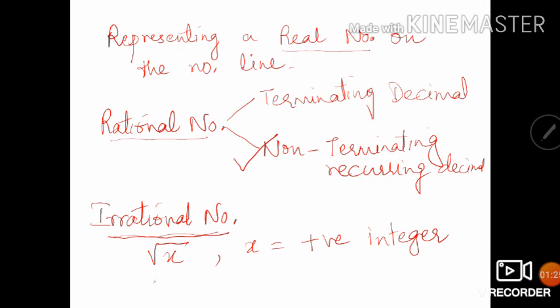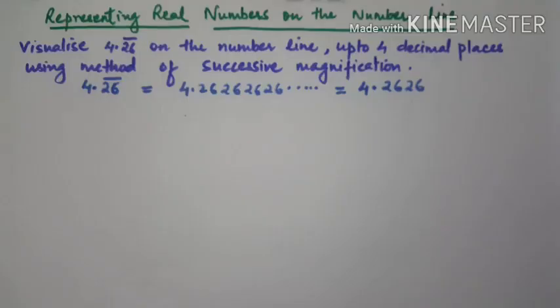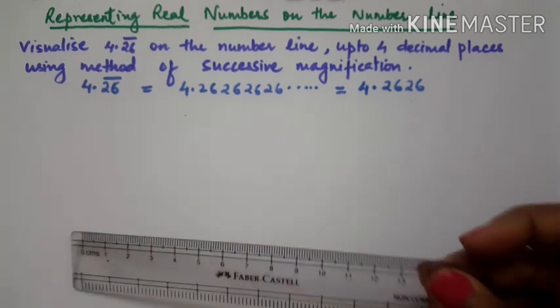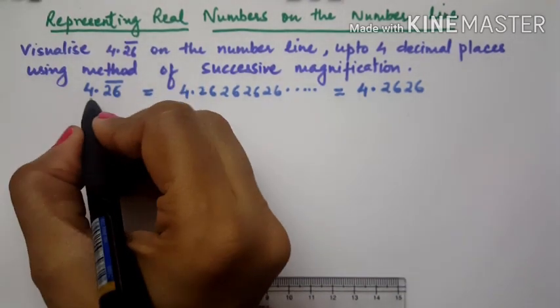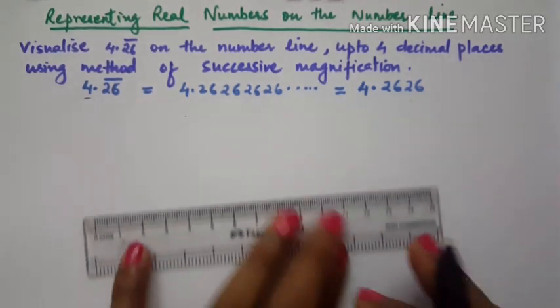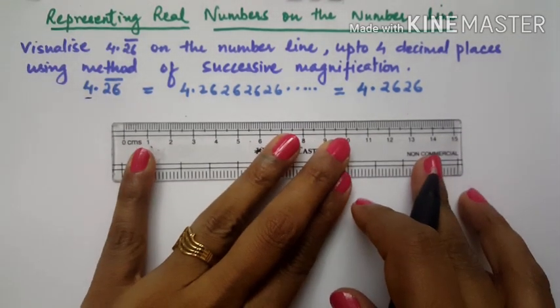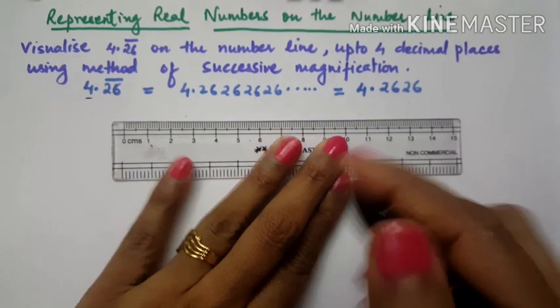In today's class, we will represent root x, where x will be a real number. Visualize 4.26 bar on 26 on the number line up to 4 decimal places using the method of successive magnification. Start by drawing a number line.